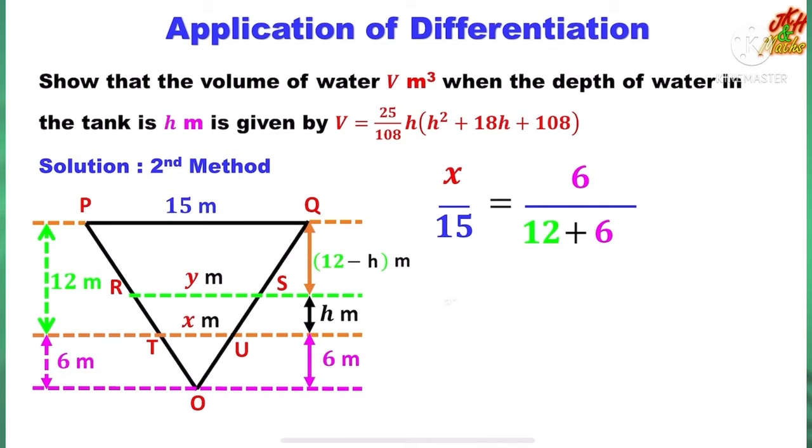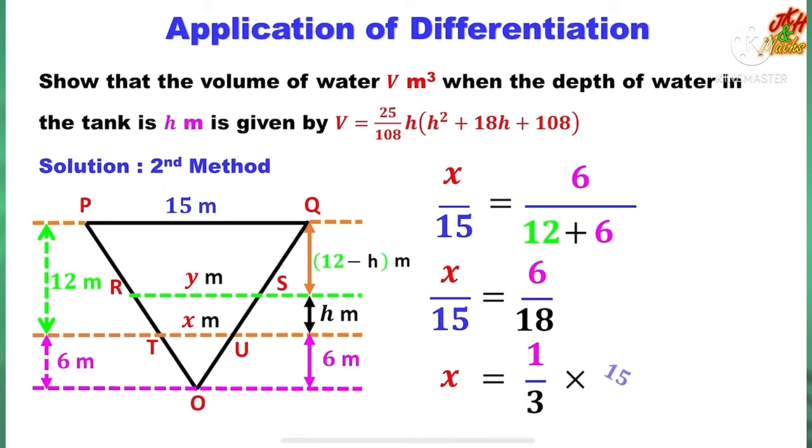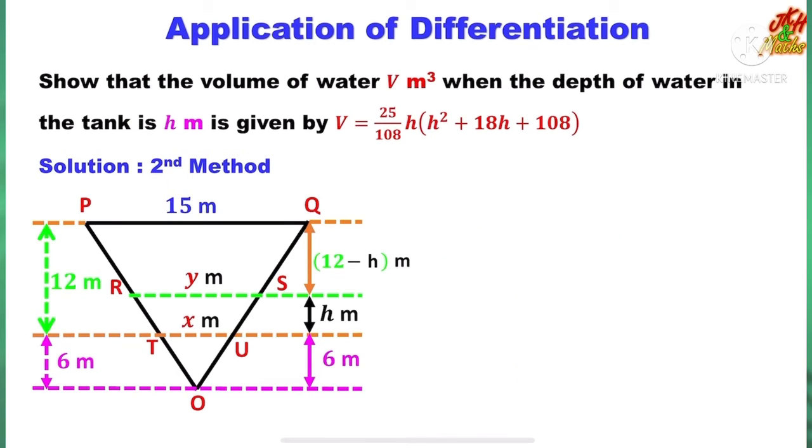When we simplify, this equation becomes x to 15 is 6 to 18. Therefore, x is equal to 1/3 times 15, which gives us x is equal to 5.